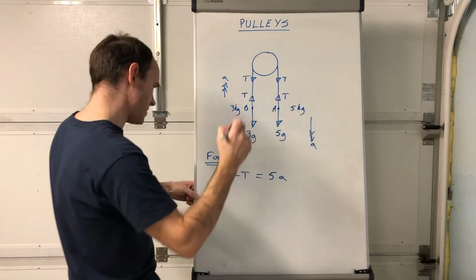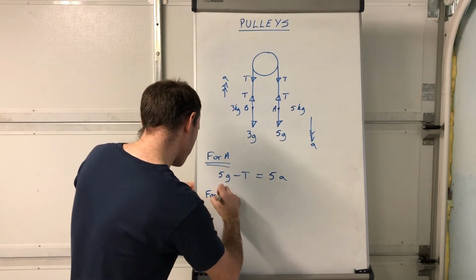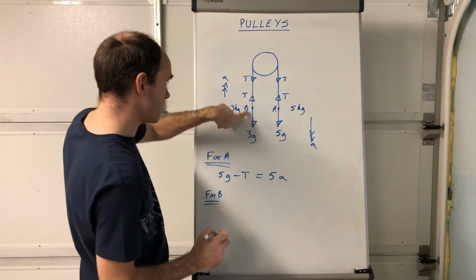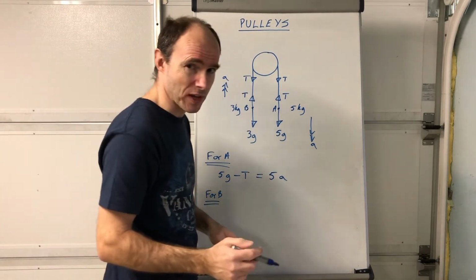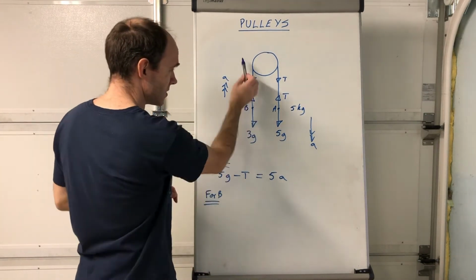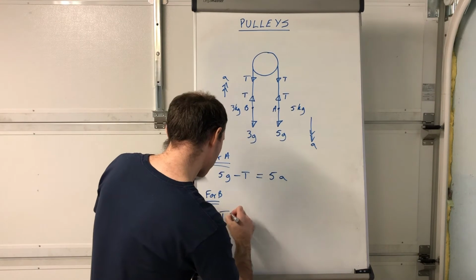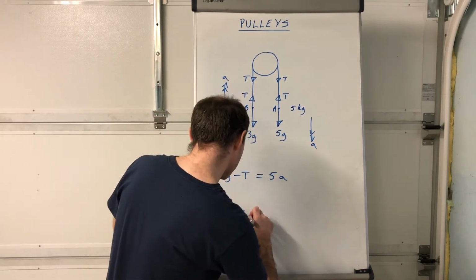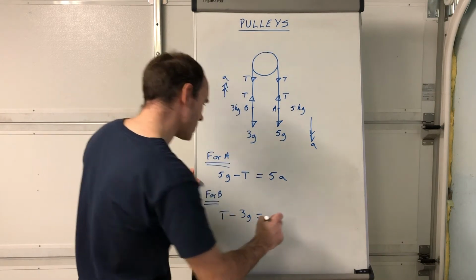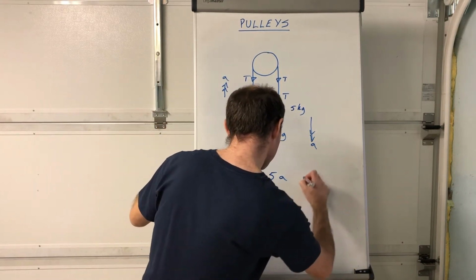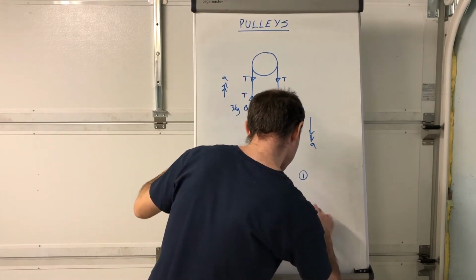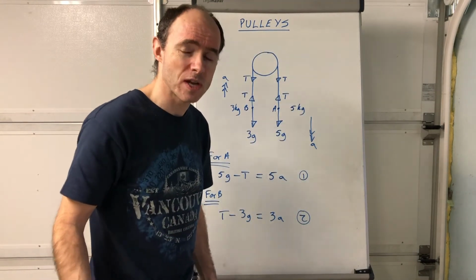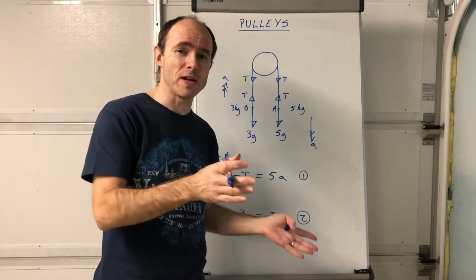And then for particle B, that's this one that's moving upwards. Because this one's moving upwards, the tension this time will be positive, and opposing it in the opposite direction is the 3g. So you've got T subtract 3g, and that's equal to the mass times acceleration, 3a. Can you see what you end up with is two simultaneous equations, very similar to the car tow and trailer type question.